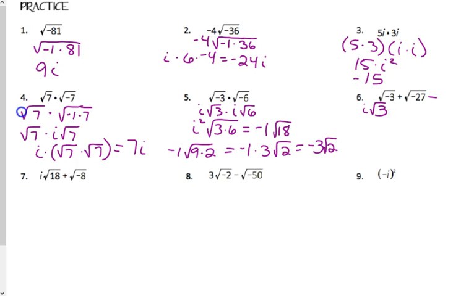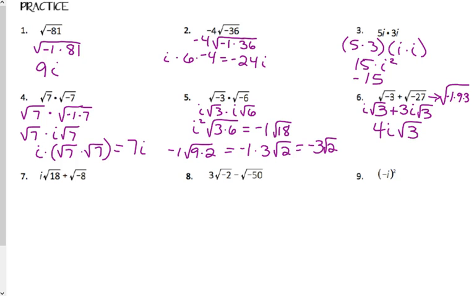And then 27 is the square root of negative 1 times 9 times 3. 9 can come out, so it's going to give us the square root of 9, which is 3, square root of negative 1, which is i, and then times the square root of 3. 1i plus 3i is 4i times the square root of 3. I'm going to rewrite that because it looks ugly. 4i square root of 3.